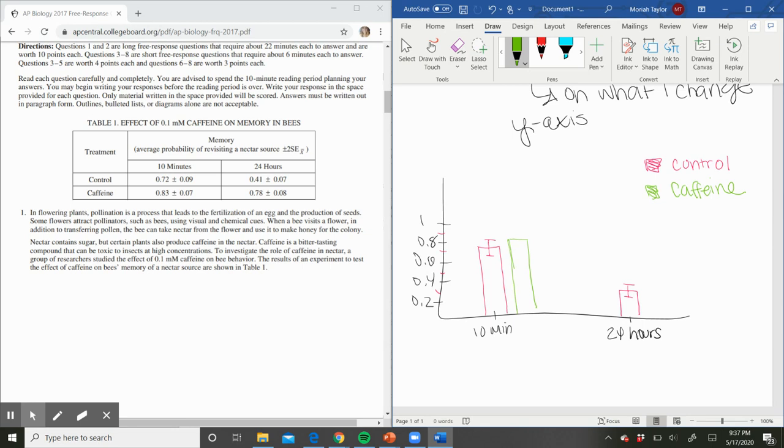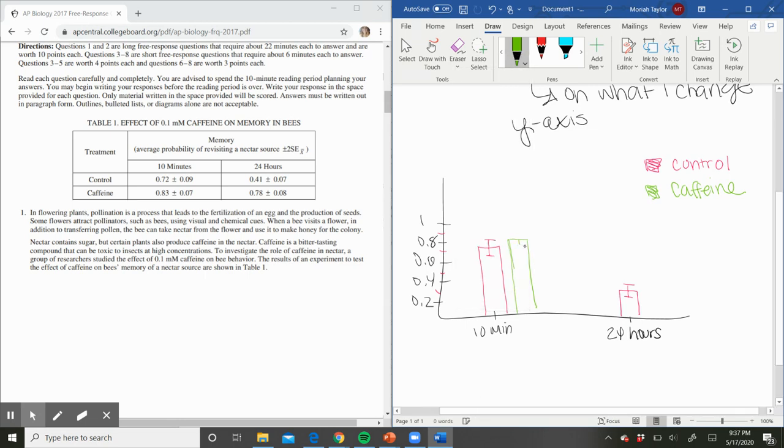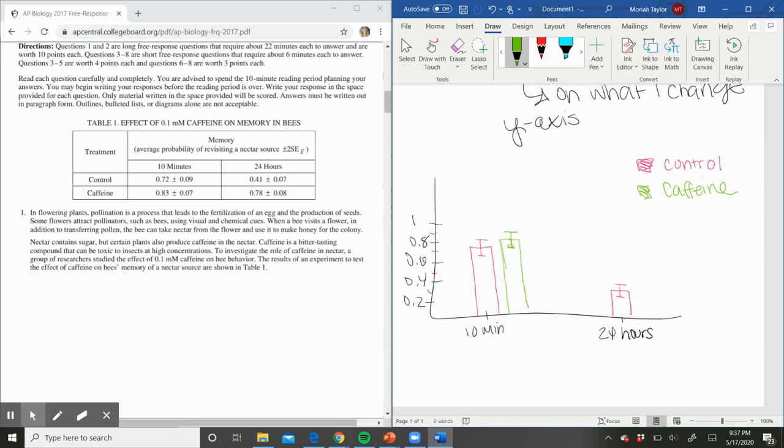So 0.83 minus 0.07 is going to be 0.76. Again, this isn't super to scale, but I just want you guys to be able to see this. So like that, maybe something like that. And then 0.83 plus 0.07 is going to be 0.9. So it would be like that. And then for the 24-hour one, we have 0.78.